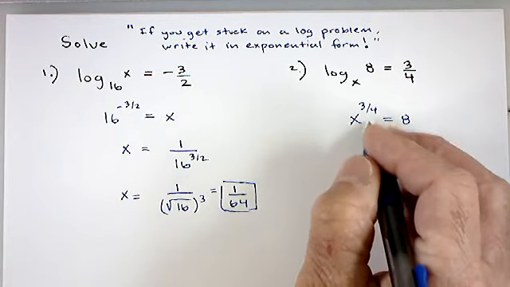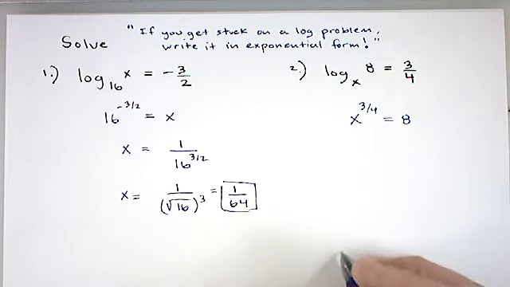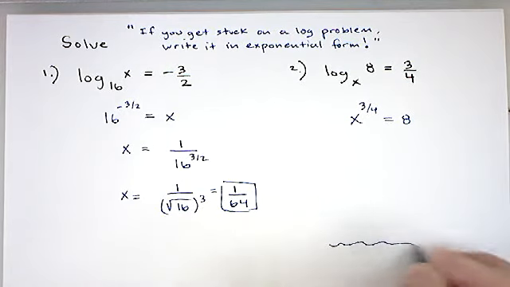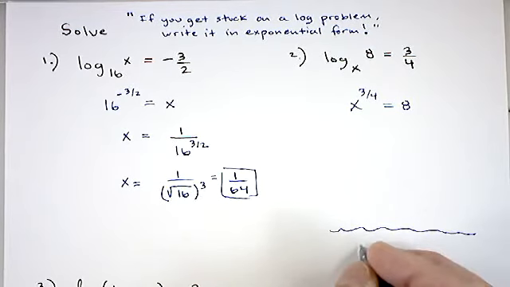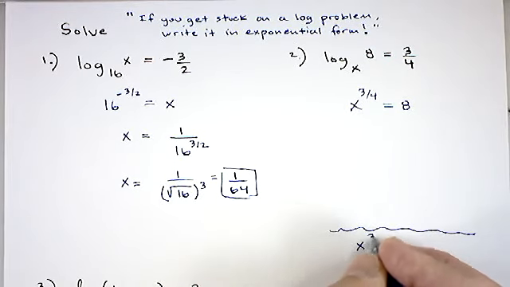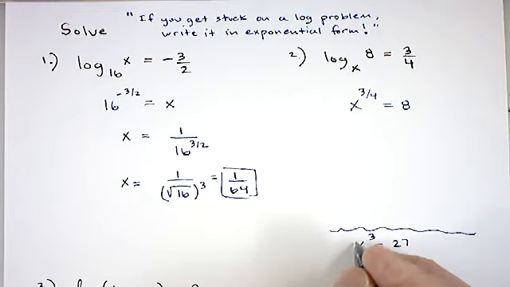And the way you want to proceed from here, this is the way I think about this. Let me doodle down here a little bit. How do you solve an equation like x to the 3rd equals 27? Most people would say, oh, you just take the cube root, which works.